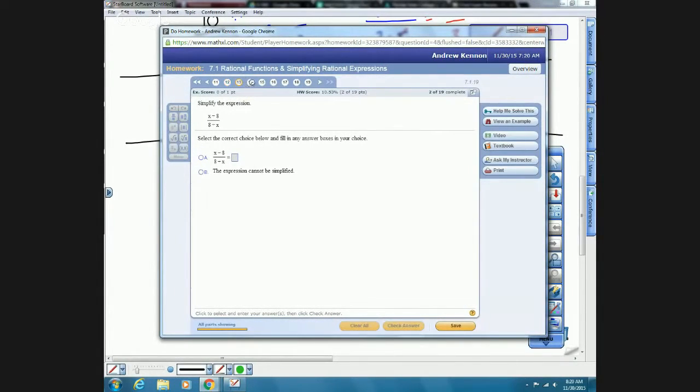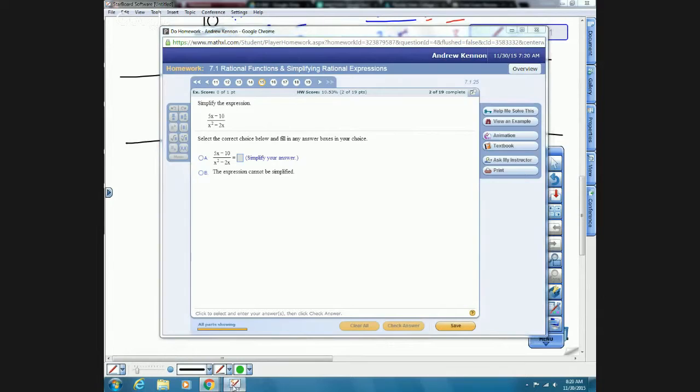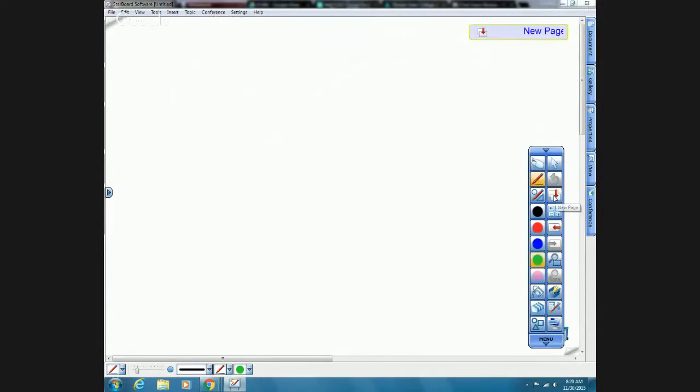Let's do this one: 5x minus 10 over x squared minus 2x. All right, so here is your simplifying problem. So look at the top.